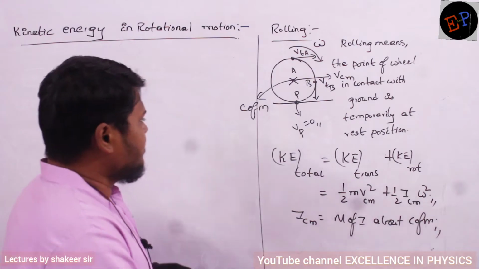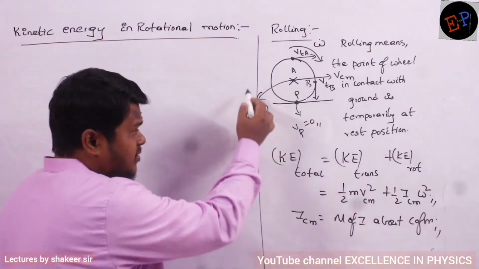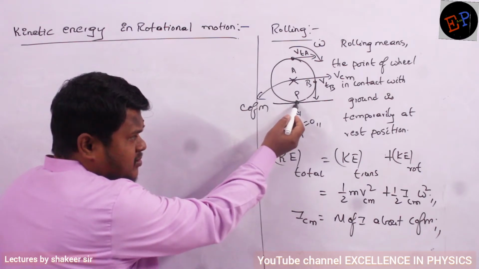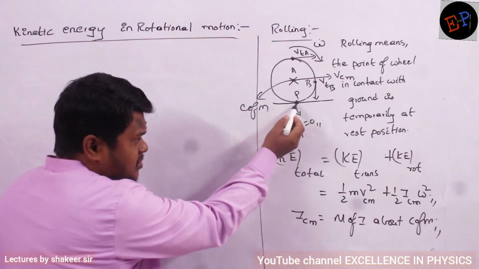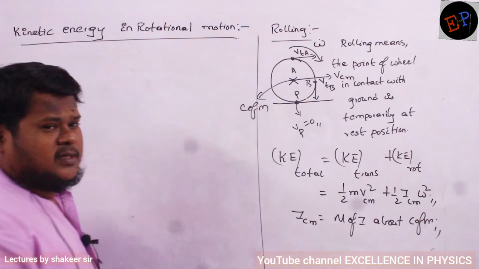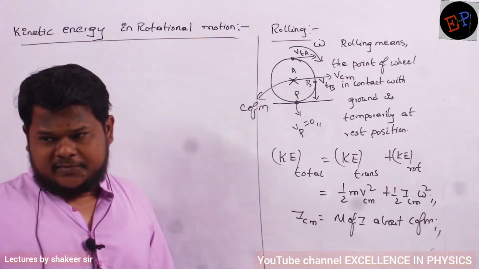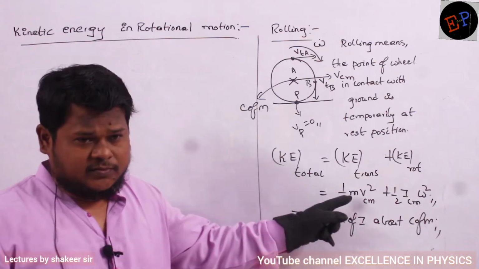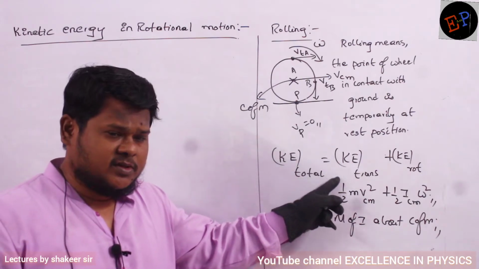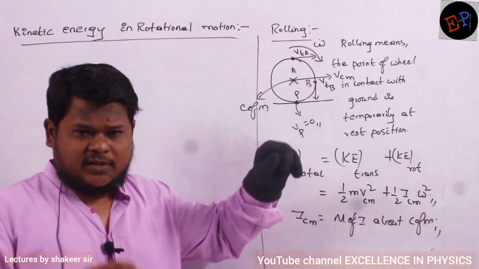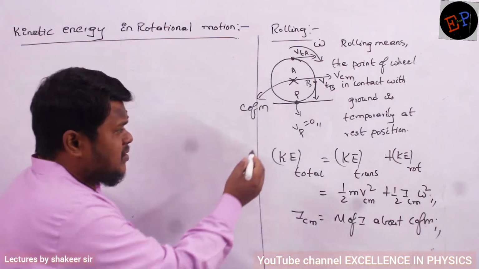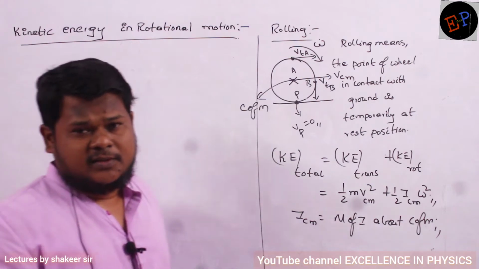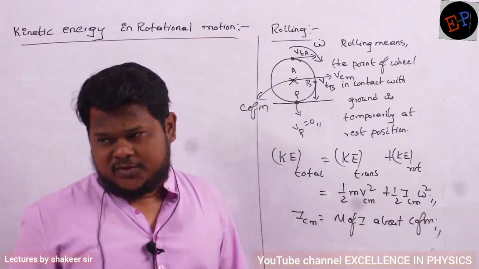Now listen very carefully. When the body is rolling, this point is in rest position, no? So this point you can call the temporary axis of rotation. Now we are considering two motions: the body has translational motion and rotational motion. But if you take this point to be the axis of rotation, then I can consider the body has only rotational motion.